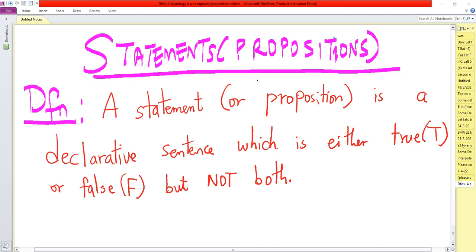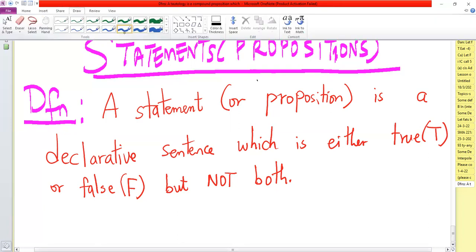The key thing is that it can be classified as true, or if you can't classify it as true, then as false, but there is no possibility of being false and true at the same time, or of not having a clear-cut way to classify it as either true or false.